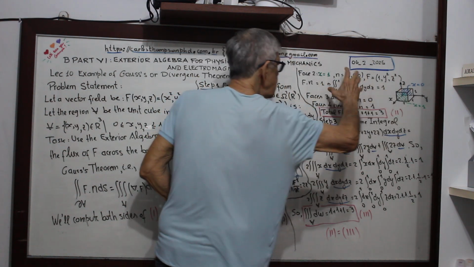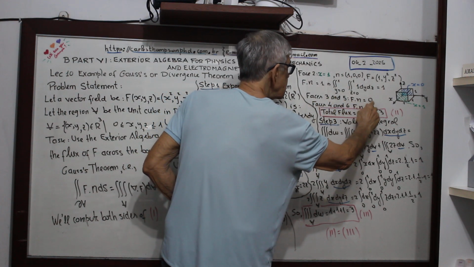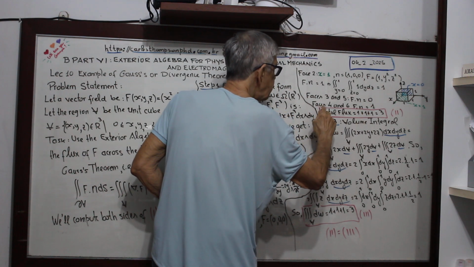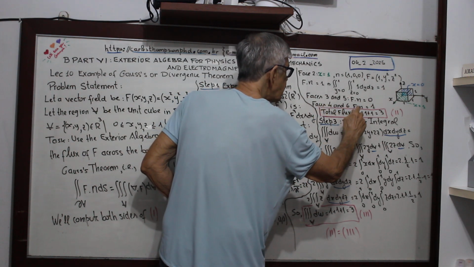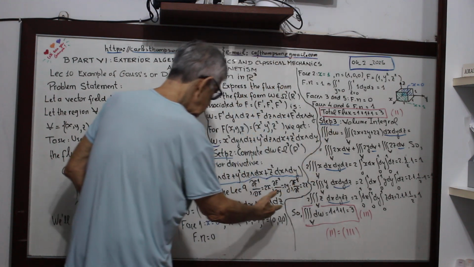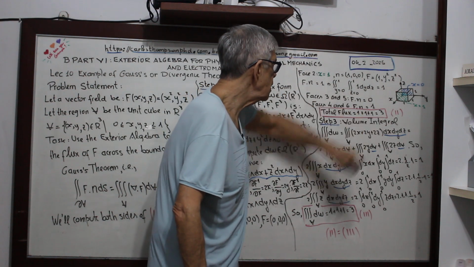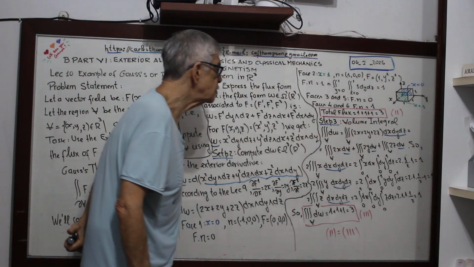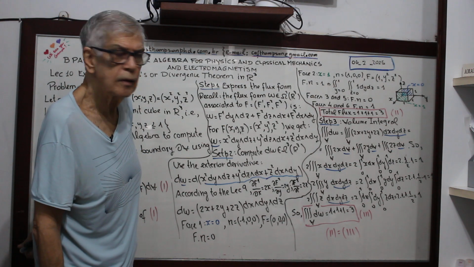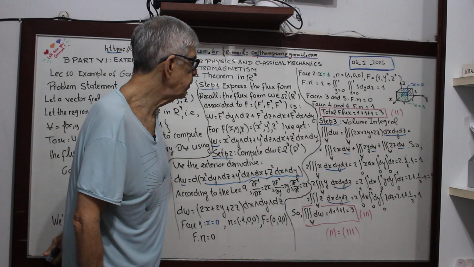Analogous to this figure, for faces 3 and 5, F dot n is equal 0, and for faces 4 and 6, F dot n is equal 1. You just substitute here: 1 plus 1 plus 1, which leads to 3. I call this relation 2.